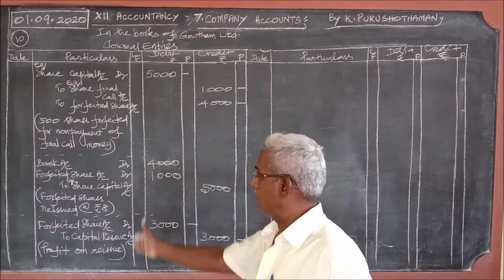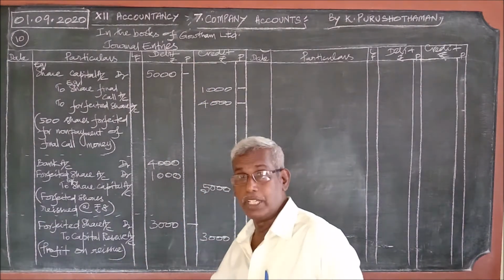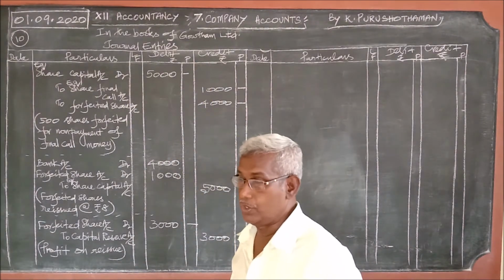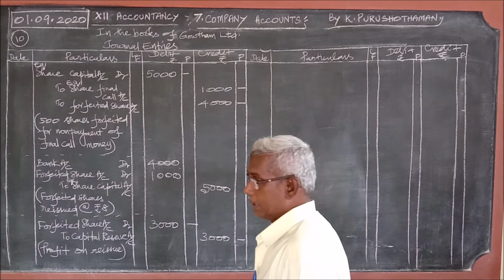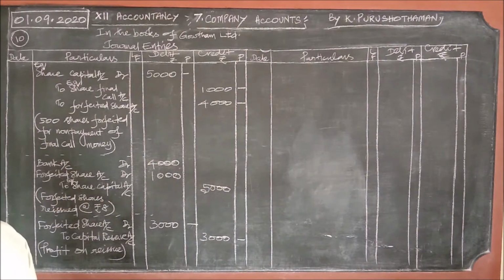Sometimes it may be asked under 3 marks. To your luck, it may be asked under 5 marks even. I have seen it in the question paper. So for the next problem also, the answer is pass journal entries for forfeiture and reissue.